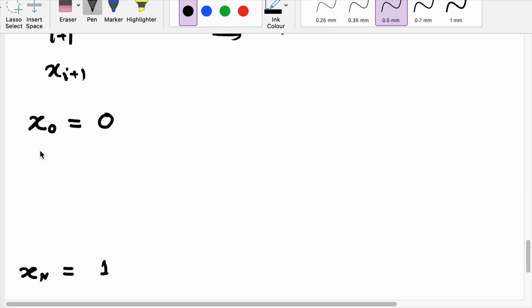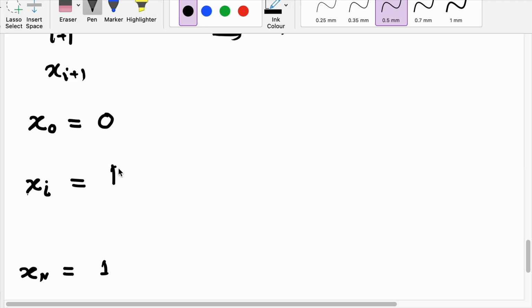So xi. Now in between, for any state which is not 0 and not n, what will be the probability of going from state I in one step? Where could it go?